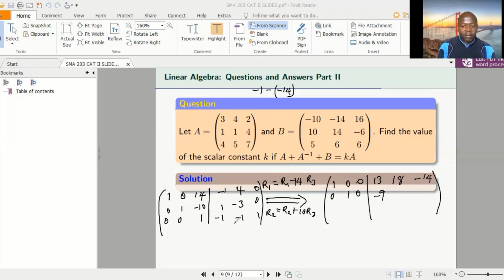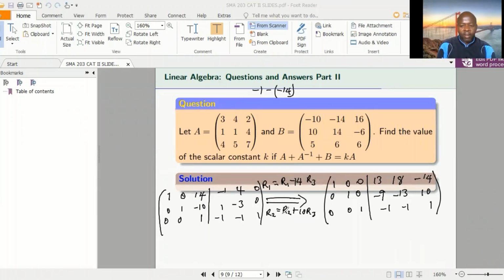This by 10 is negative 10. Added to this, get negative 13. This by 10 is 10. Added to this, get 10. And this other one remains 0, 0, 1, negative 1, negative 1, 1.